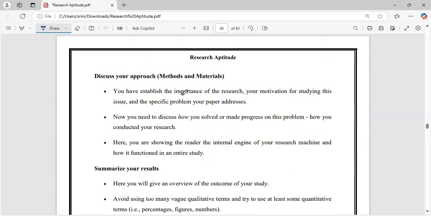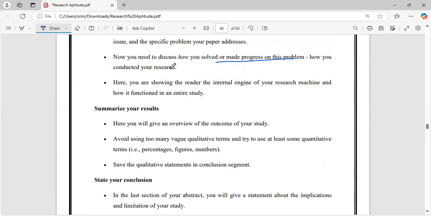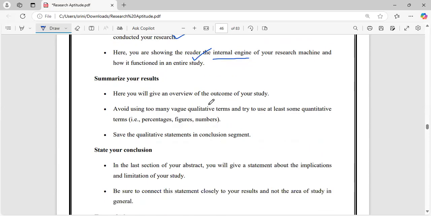Then discuss approaches, methods, and materials. Establish the importance of the research, and then discuss how you solved or made progress on this problem, and how you conducted your research, showing the reader the internal engine of your research machine and how it functioned in the entire study.